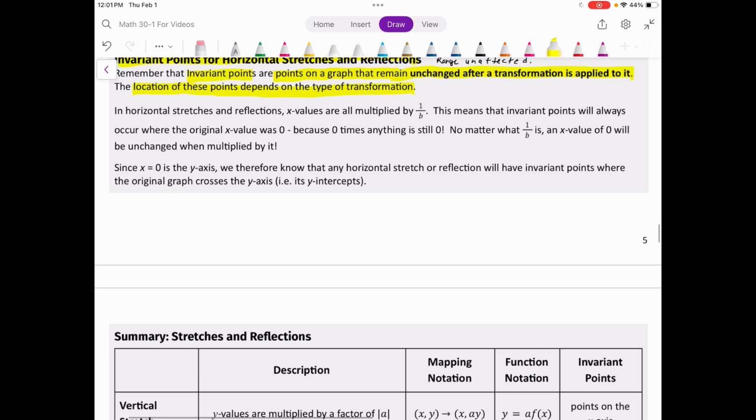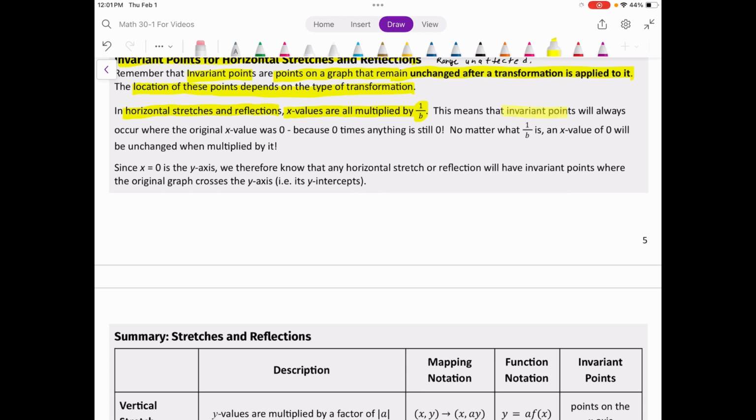So similarly, for horizontal stretches and reflections, where are we going to have invariant points? Well, all of the x values are being multiplied by 1 over b. So where are they not going to change? Wherever the x value was 0, because 0 times 1 over b, no matter what b is, still going to be 0.